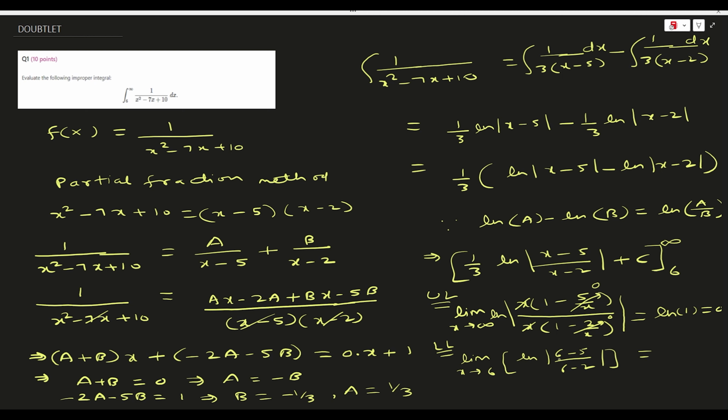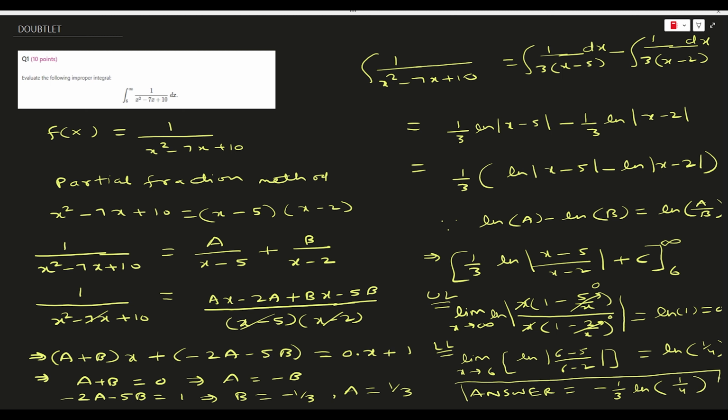It will become 1 divided by 4, so it will become ln 1 by 4. So the final answer will be upper limit minus lower limit. So it will become minus 1 divided by 3 ln 1 by 4. So this is the final answer of this question.